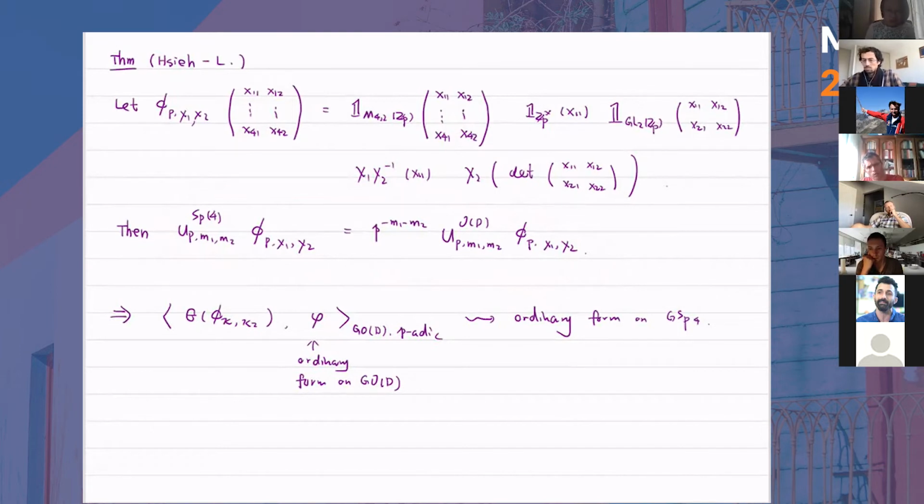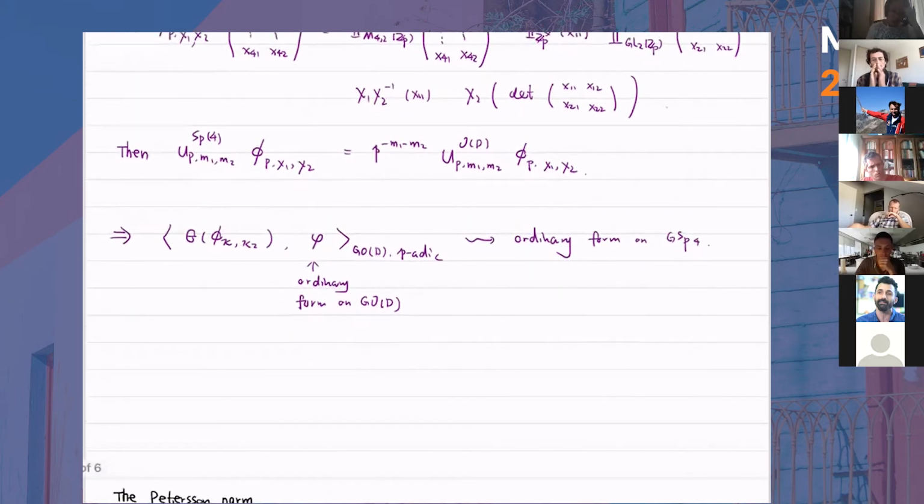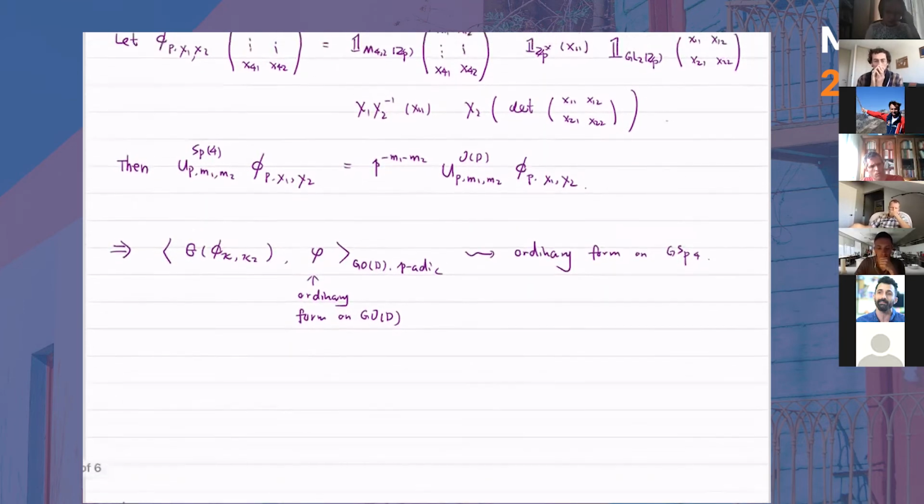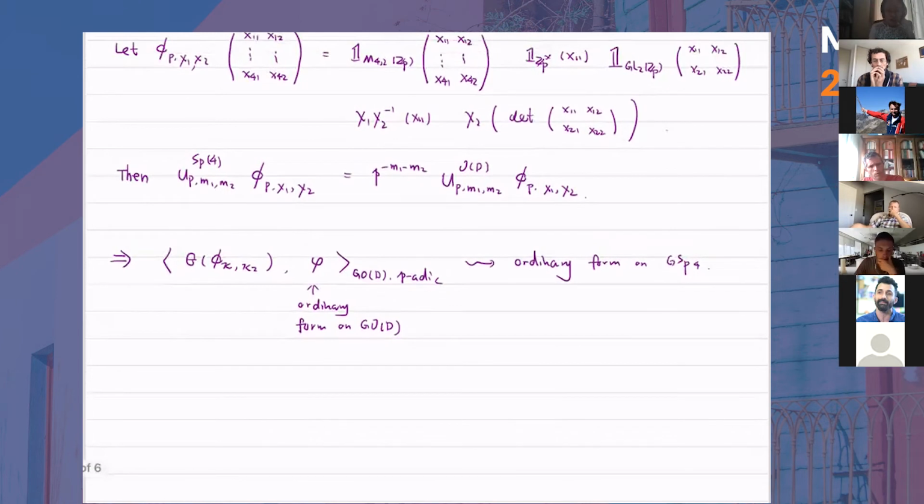Okay, so any questions? Okay, so this is the thing about the properties for the action of U_p operators.